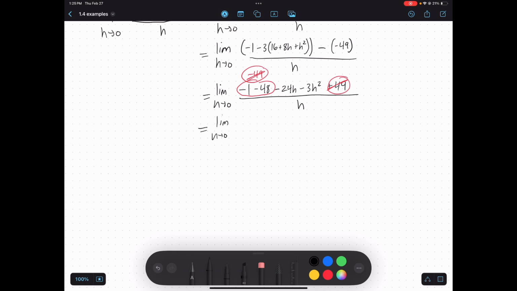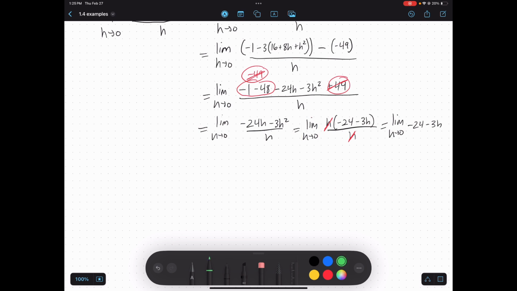So everything that didn't have an h canceled out, and I'm left with negative 24h minus 3h squared all over h. I can factor an h out of the numerator because everything that's left has an h attached to it. Those h's cancel out, and I'm left with this limit as h approaches 0 of negative 24 minus 3h.